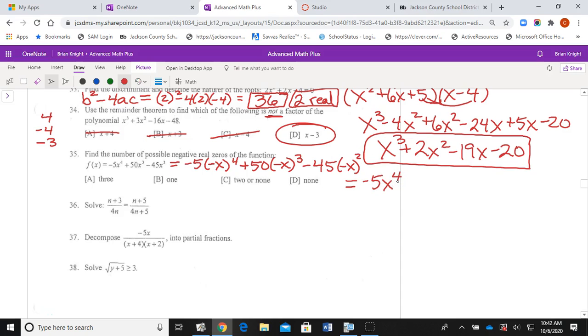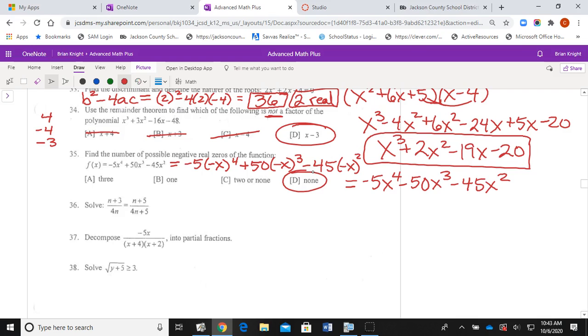Negative to the 3rd power is negative, so that becomes -50x to the 3rd. Negative squared is positive times -45, so minus 45x squared. And from there, you just count how many times the sign changed. We have negative, negative, and negative. None. So there are no negative real zeros for this one.